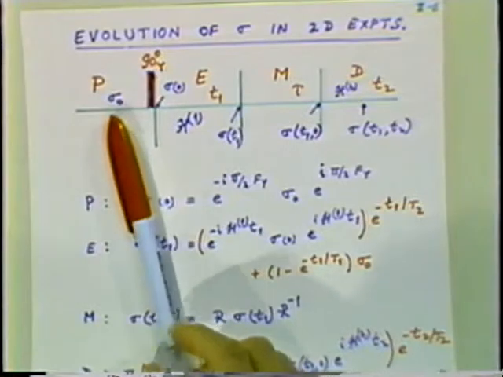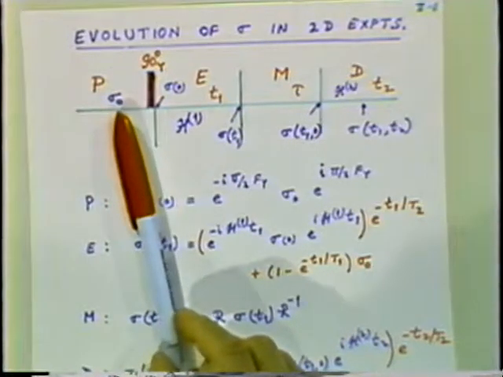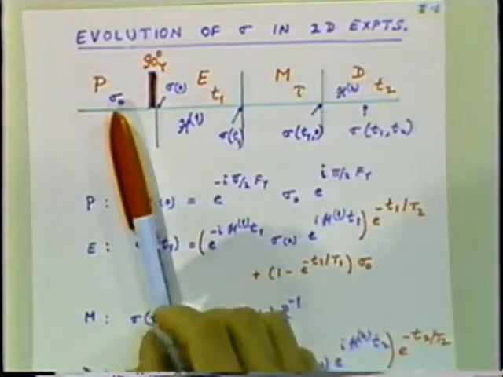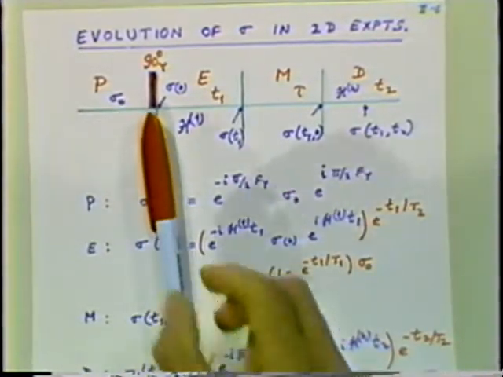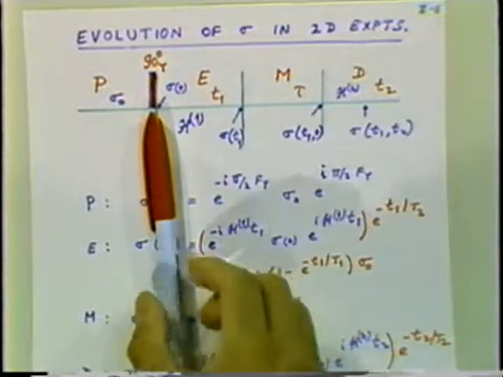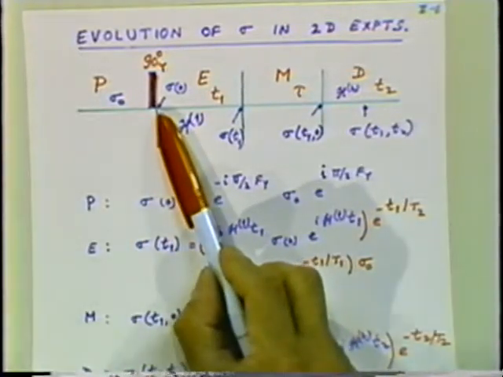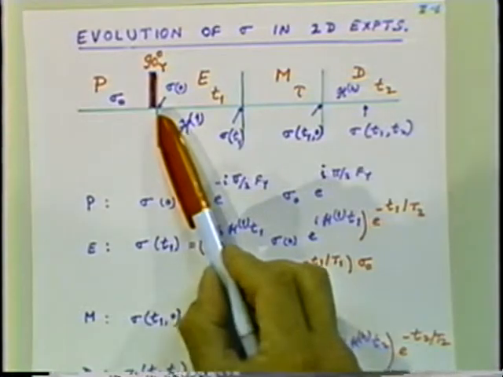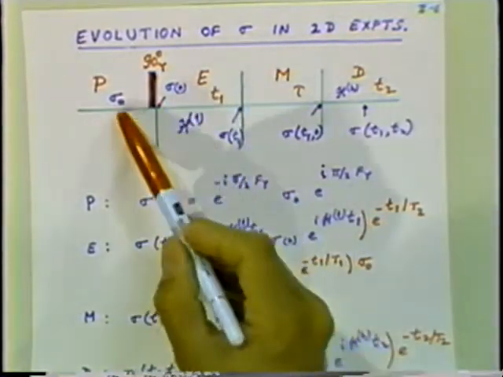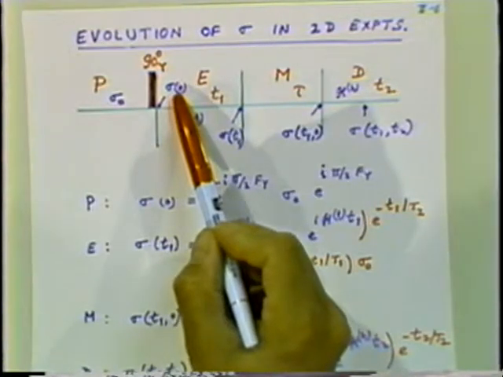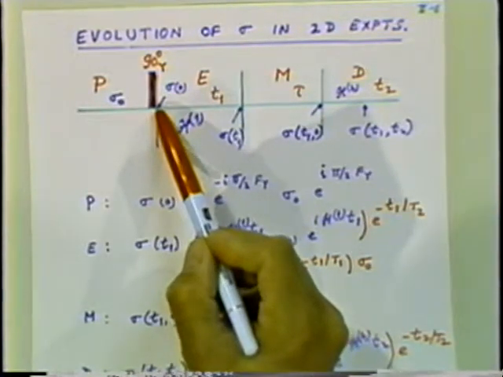We have the system at equilibrium before we start. So we have an equilibrium density matrix, and we apply a 90-degree pulse along the y-axis. Then we get the density matrix at time t equal to 0, where my evolution period starts.